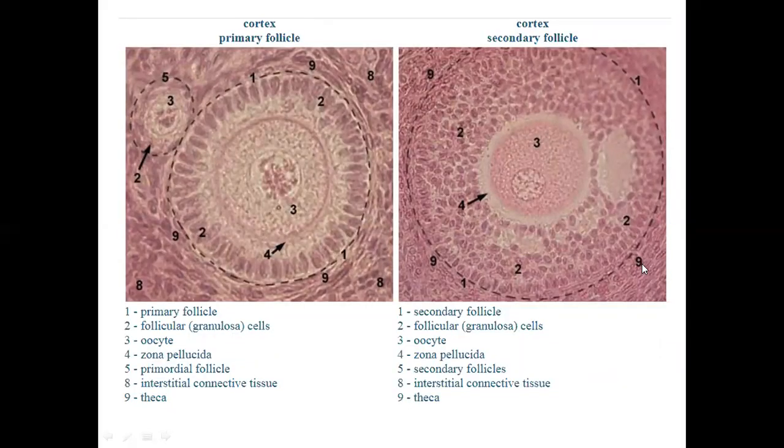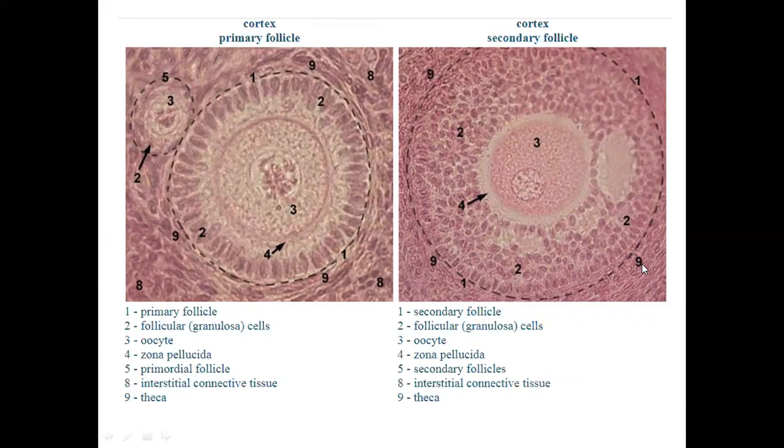On the left side again, the oocyte is present in the very center, indicated by the digit 3. Number 4 is the zona pellucida proteinous layer, and outside the proteinous layer there is a single layer of follicular cells, indicated by 2, and this is again a unilaminar primary follicle.